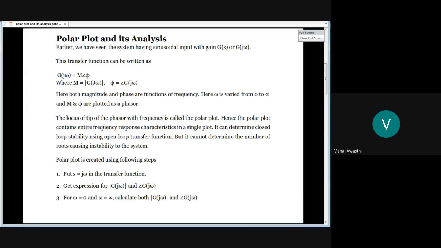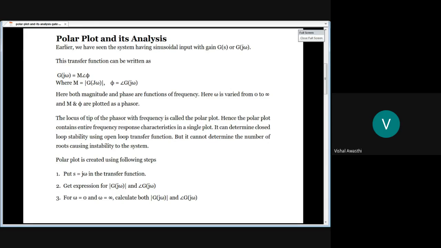As you can see on your screen, G(j omega) is equal to M angle phi, where M is the modulus of G(j omega) and phi is the angle of G(j omega).